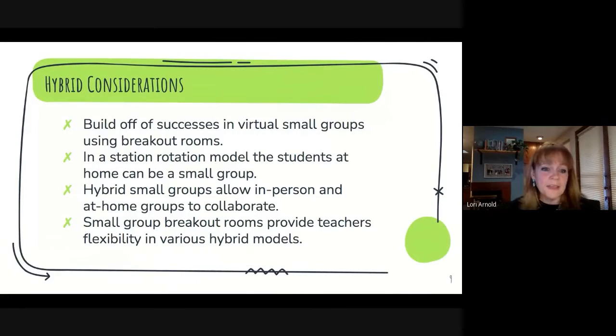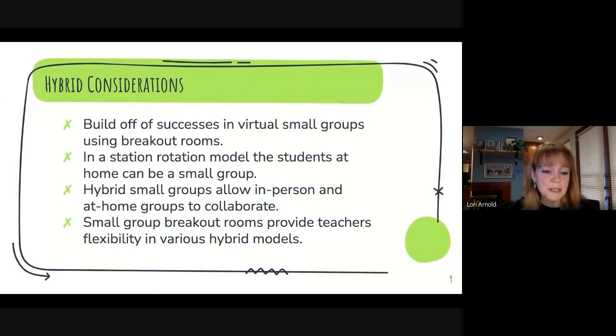So the thing that is nice about hybrid, hybrid's hard. I'm not going to sugarcoat that. It's going to be a challenge, but I know that teachers are up to it. It does allow for you to have in-person as well as at home groups to collaborate together. So you can have students that are with you working in a small group with students at home.